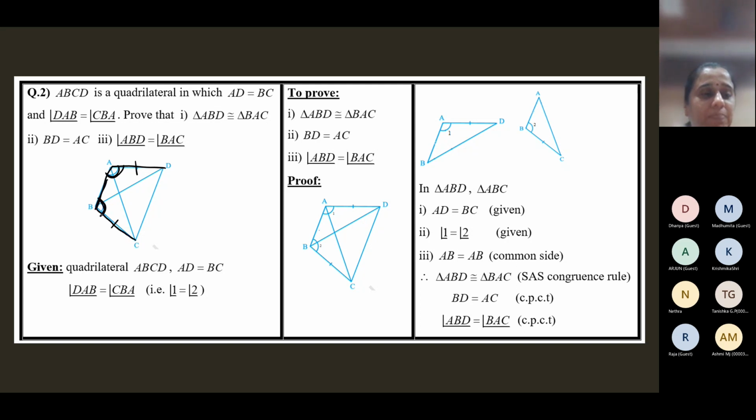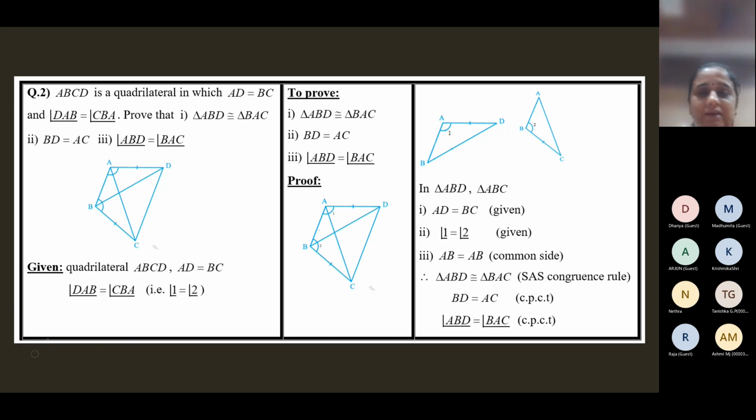So these two angles are equal. Given that this side is equal to this side and this angle is equal to this angle, we need to prove that ABD is congruent to BAC.